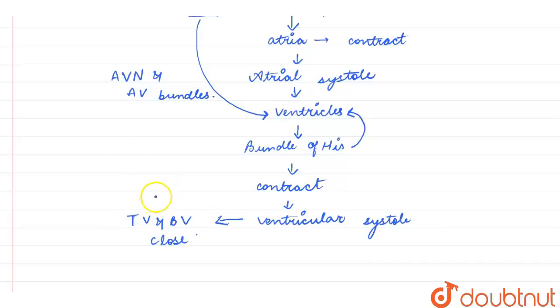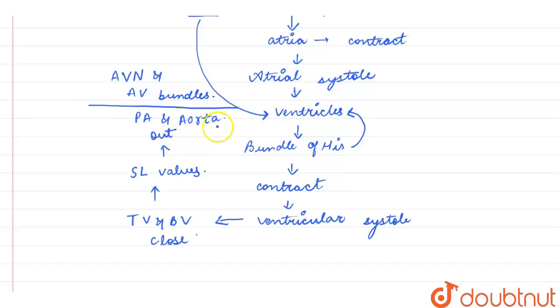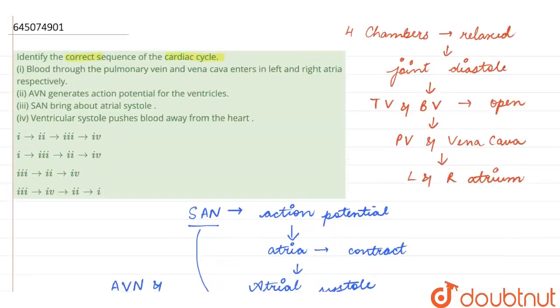And now the semilunar valves will open, and the blood will flow out of the ventricles through the pulmonary artery and aorta, right? The blood will flow out from the heart through the pulmonary artery and the aorta to the circulatory system, or the systemic circulation.